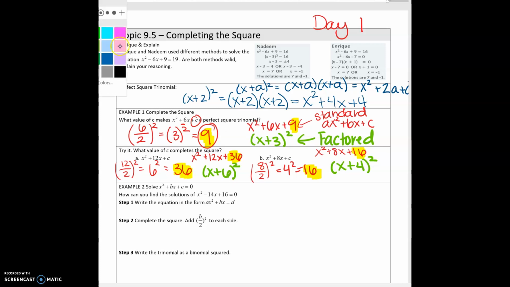And then there's also another pattern: the number divided by 2 before you square it is what's inside the factored form. So the positive 3 became what was inside the factored form. Positive 6, positive 6, positive 4, positive 4.